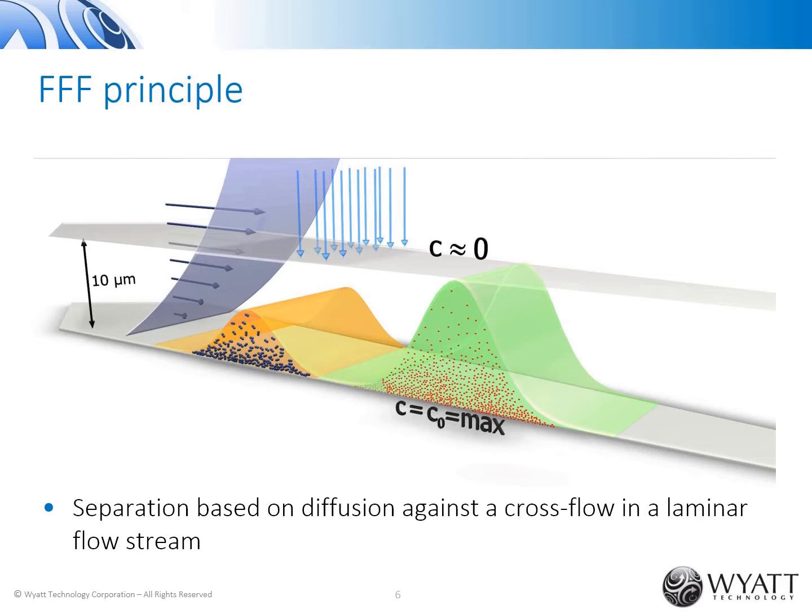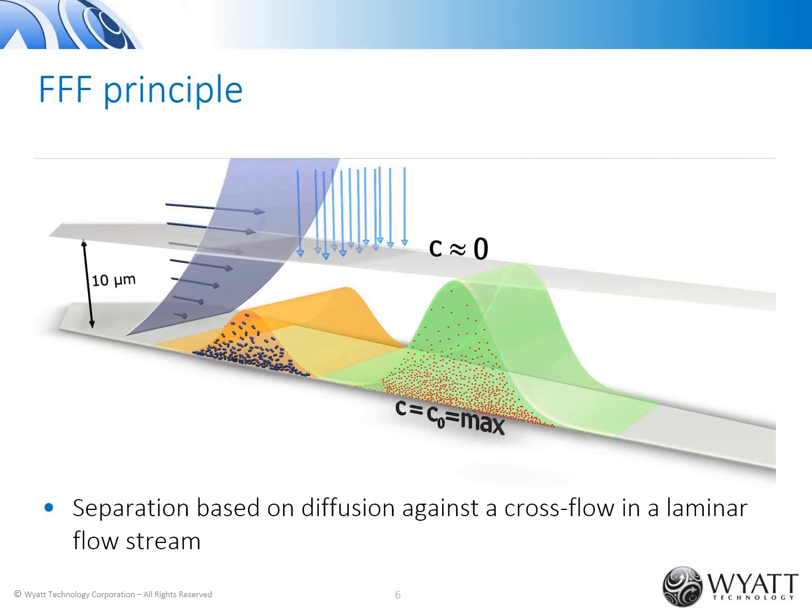To give an idea of the dimensions, the concentration drops from the maximum value at the accumulation wall to 0 within about 10 microns up into the channel. The typical height of the channel is 350 microns. So, the sample does stay close to the wall throughout the separation process.